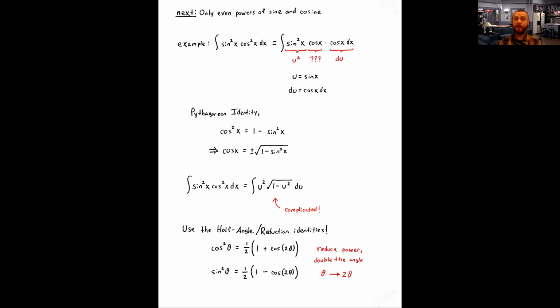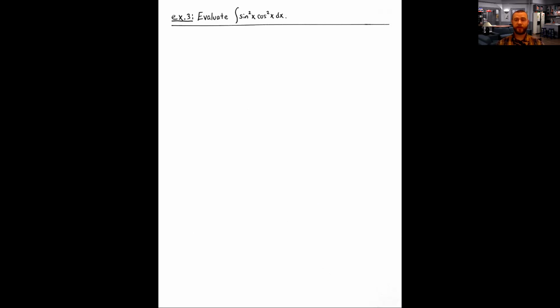With that in mind and out of the way, let's go ahead and get to example 3. We're going to evaluate the indefinite integral of sine squared times cosine squared. Now, in this question, most of the work is basically at the pre-calculus level, using the half angle or reduction identities repeatedly to rewrite both sine squared and cosine squared as reduced powers.